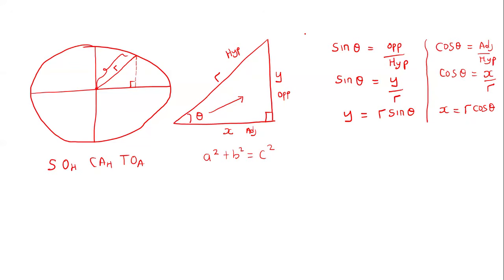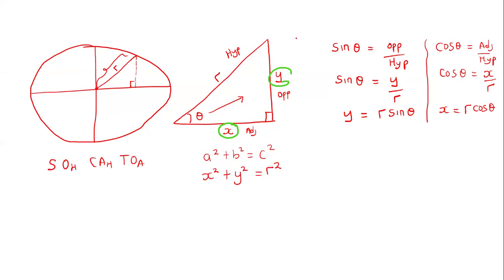For our triangle, my adjacent has length x. So this is x squared plus my b, which is the y, so y squared is equal to c. And my c from the triangle is r, so this is going to be r squared.